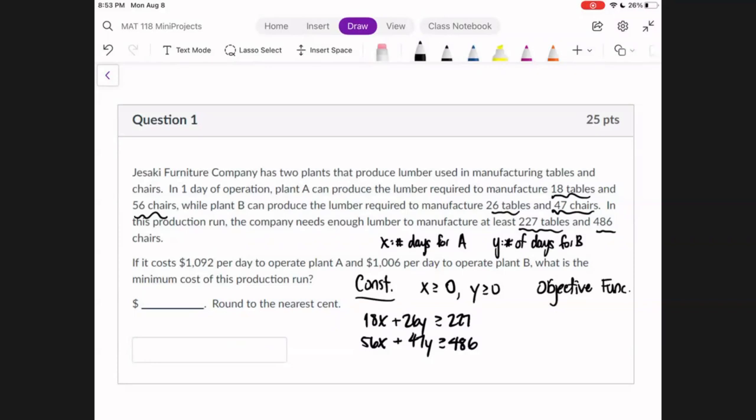For A it's 1,092 per day, plus B is 1,006. And this is our cost. Every corner point we're going to have to evaluate at this. Let me write some of these down.